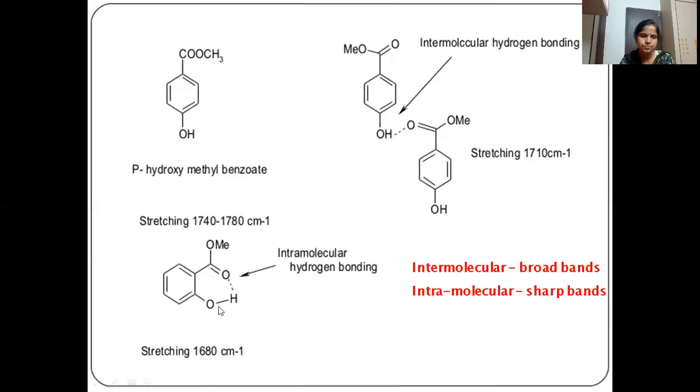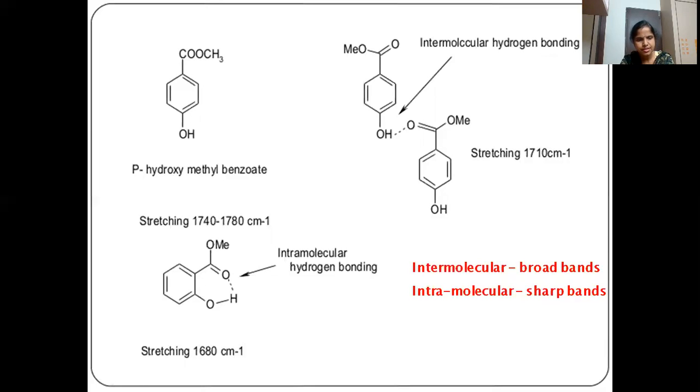What is happening when this hydrogen bonding is formed? In this OH stretching vibration, the bond length of this OH will increase because this oxygen is attracting this hydrogen towards itself. So this bond length will increase, or we can say the force constant of this bond will decrease.